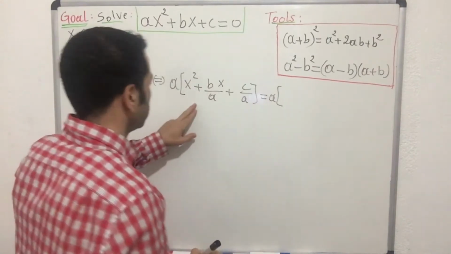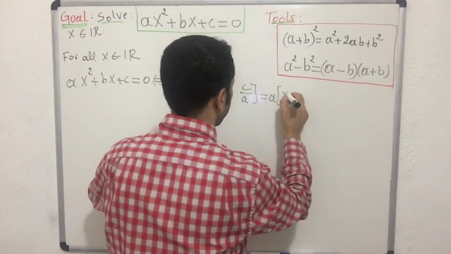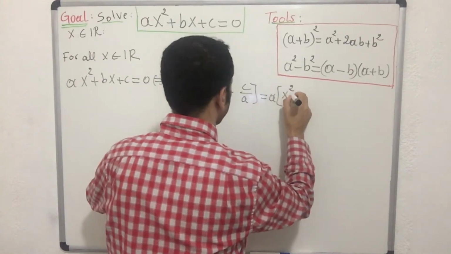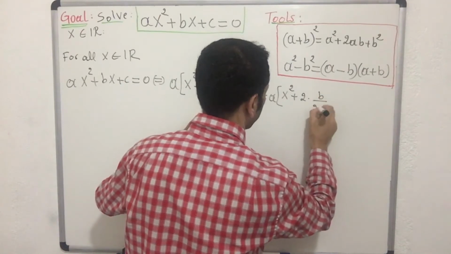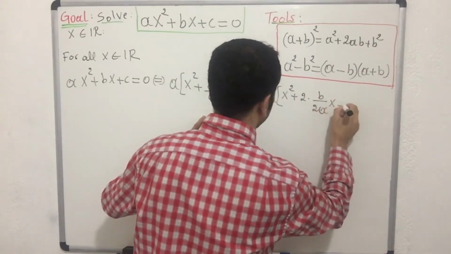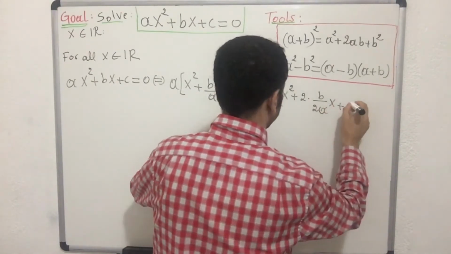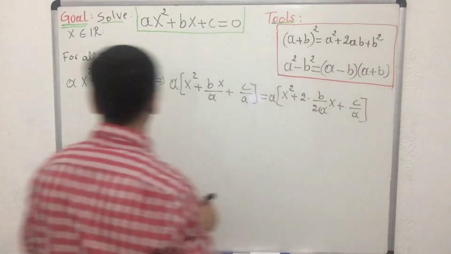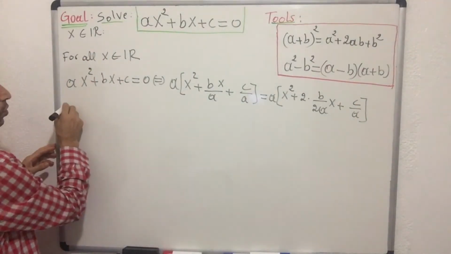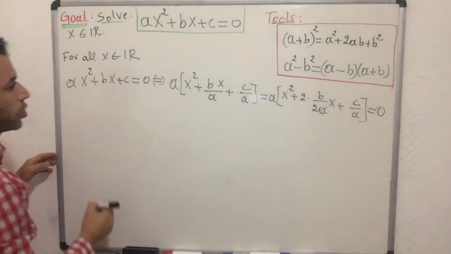So a factor: x squared plus bx over a plus c over a, okay, equals a factor. I'm going to write this in this form: x squared plus 2 times b over 2a x plus c over a, okay. Again, this is equal to 0 because it's an equation.